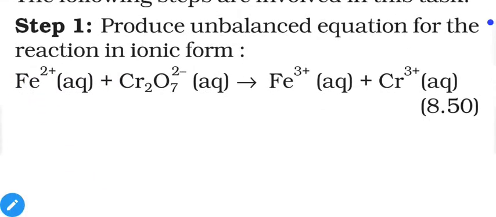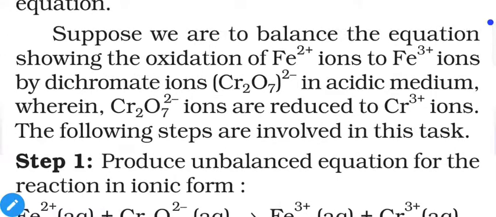The first step is to write the unbalanced equation for the reaction in ionic form. Already here we have the details mentioned. In the given conditions, Fe2+ is being oxidized into Fe3+, so our first reactant will be Fe2+.